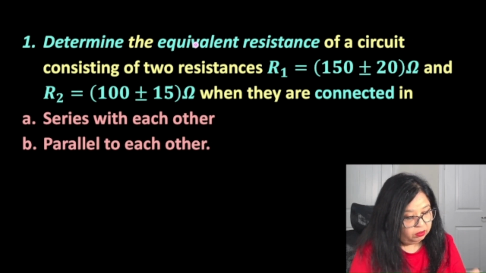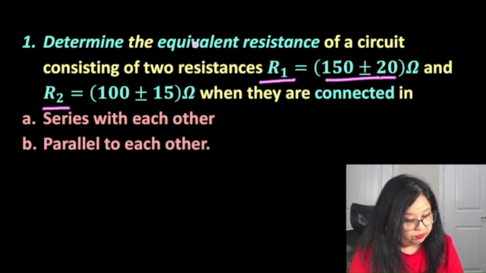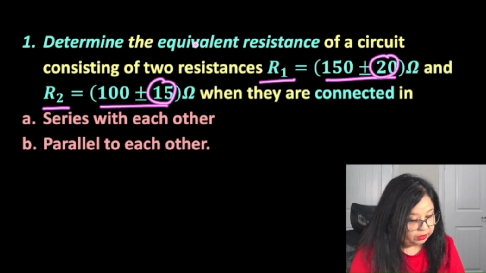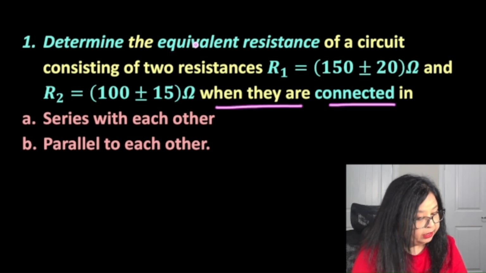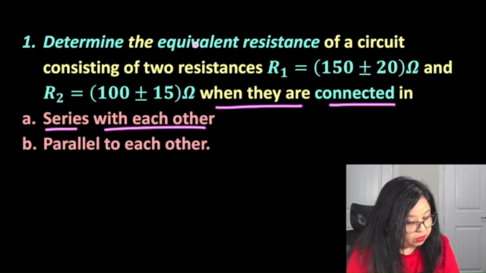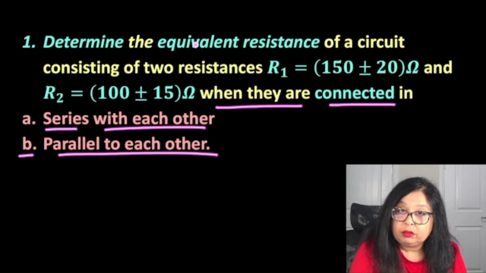Alright, so this circuit consists of two resistances, R1 and R2, and we're given the numerical values of these two resistances along with their uncertainty. We're to find the equivalent resistance of the circuit when these resistances are connected in series with each other, and in part B, in parallel with each other.